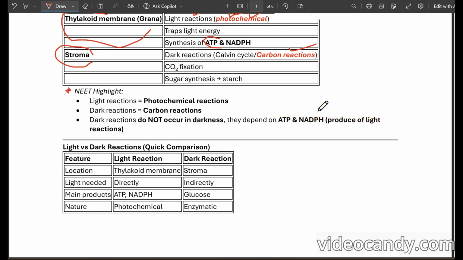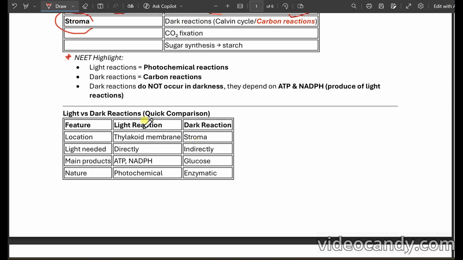So dark reaction is entirely dependent on the output of the light reaction. That's why it's called a dark reaction. It doesn't mean that dark reactions happen only in the absence of light. No, it can happen anytime, but for the dark reaction to happen, it should have the outputs of light reaction, that is ATP and NADPH. So it's a quick comparison between light reaction and the dark reaction.